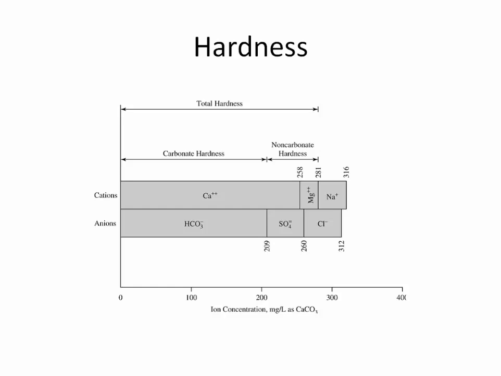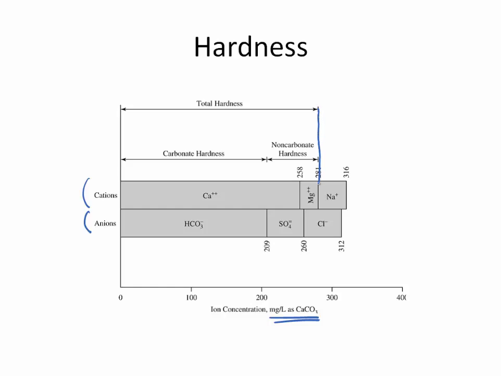The easiest way to visualize this may be to look at a bar chart of total ion concentration on the x-axis. And these are going to be expressed in terms of milligram per liter calcium carbonate. In this part of the bar graph, you have all of the cations, which includes the calcium and magnesium. And on this part, you have all of the anions. The total hardness is simply the sum of the calcium and the magnesium.